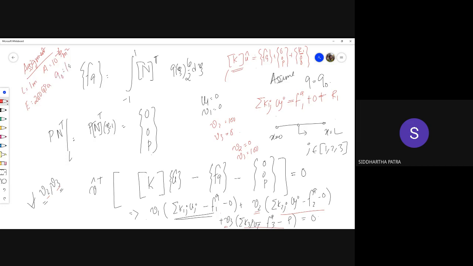Q0 is 100 Newton per meter, and P equals 100 Newton. You see, you have a uniformly distributed load, and the quadratic bar element is supposed to give you the exact solution. So compare this one with the closed form solution. That is the tip deflection, that is U3.